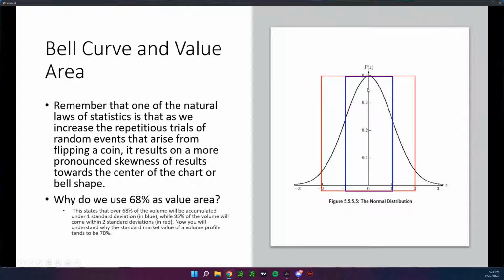This is 68% right here. That's why we use 68%. This is the reason. Then you have the second standard deviation, then you have the third one. And if you guys remember, I had some scripts that found these deviation levels for me in Thinkorswim, and I was able to chart them as well. So that's why we do that.